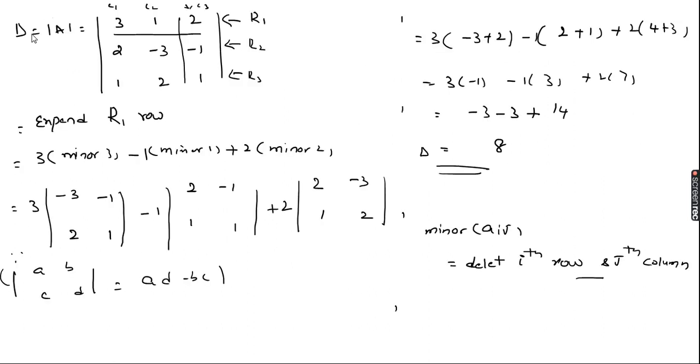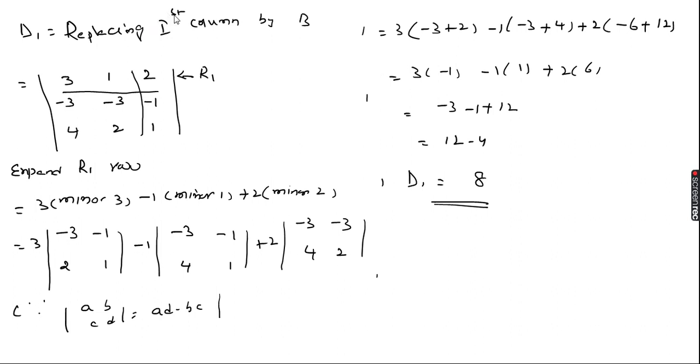So we replace the first column. Delta equal to 8. Delta 1 is replacing the first column by B. In the first column, what are the B elements? 3, minus 3, 4. We can simplify, we get delta 1 equal to 8.